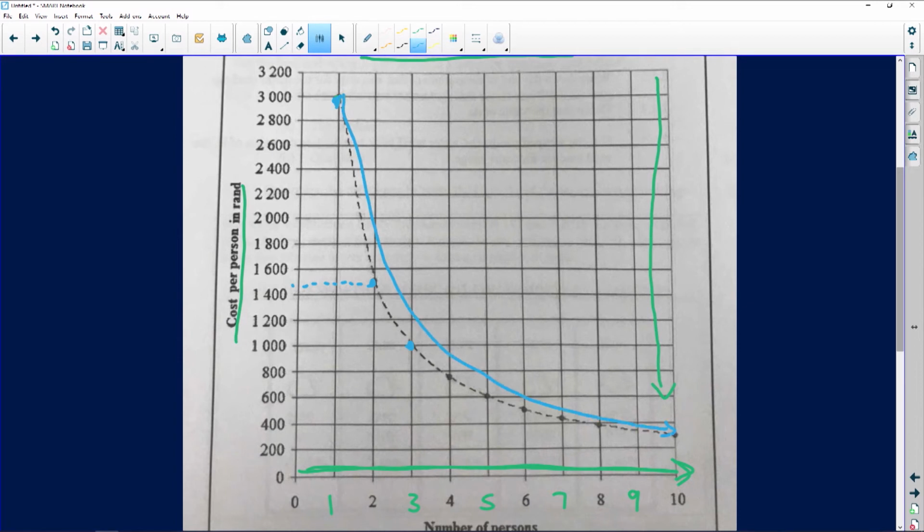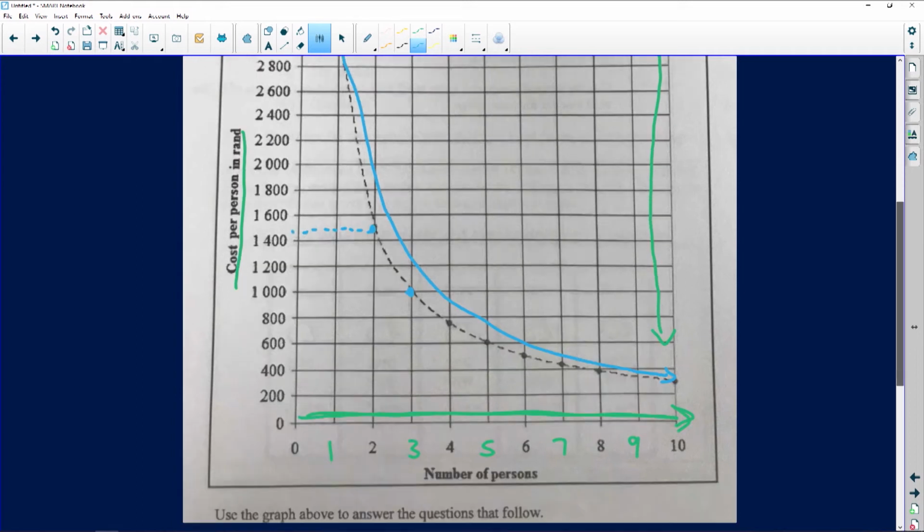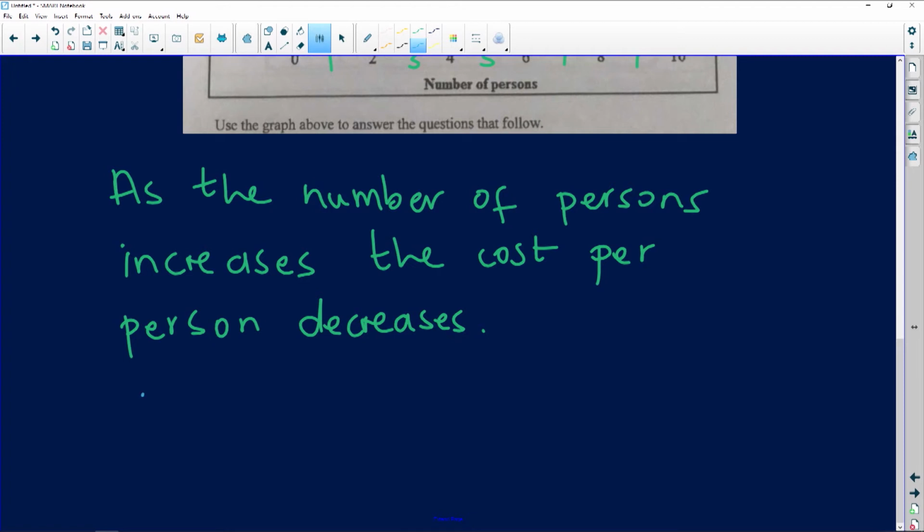So what type of proportion is this? This is therefore an inverse proportion, or it's inversely proportional, okay?